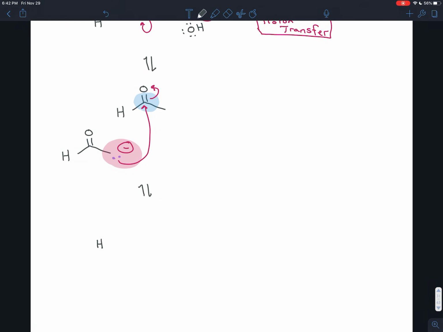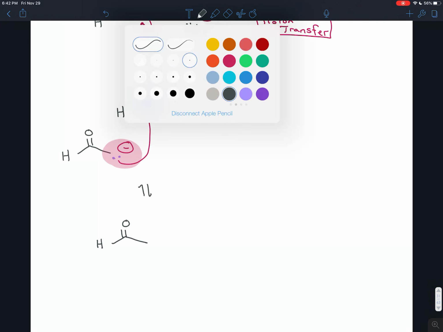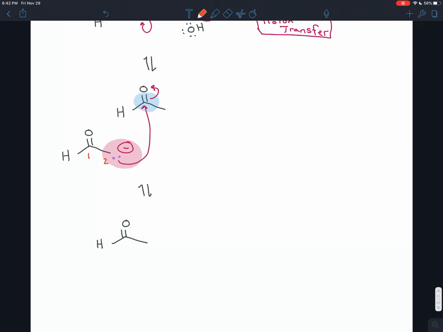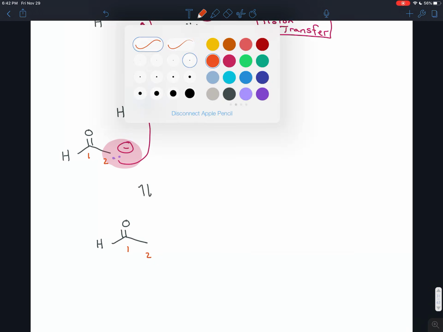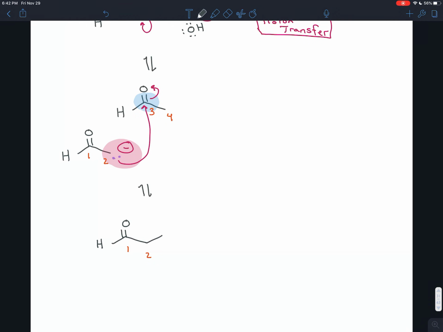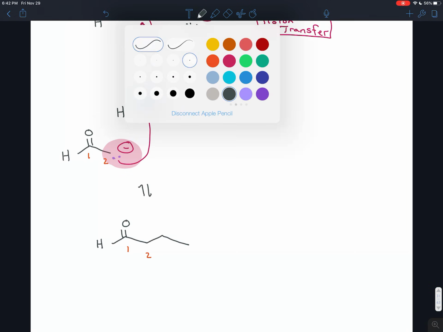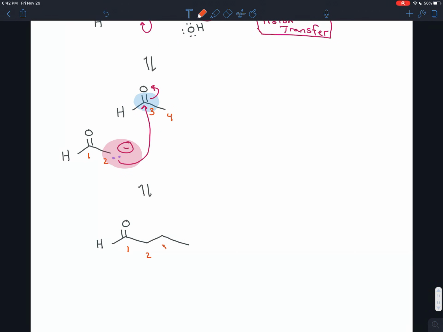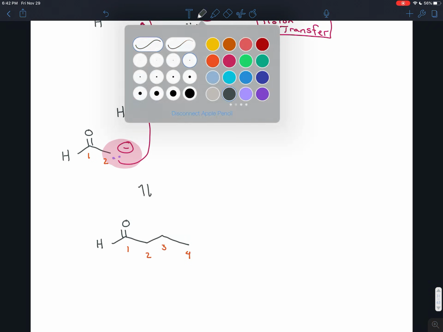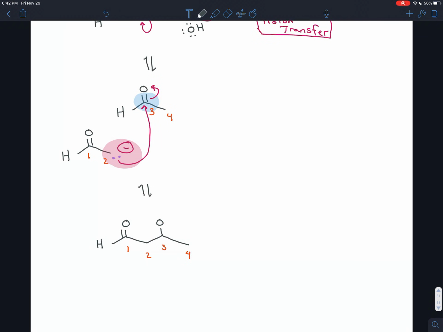So now, if we number these carbons to keep track of them, let's say we have 1, 2, and now 3 and 4. On carbon number 3, we'll have an oxygen with a full negative charge.